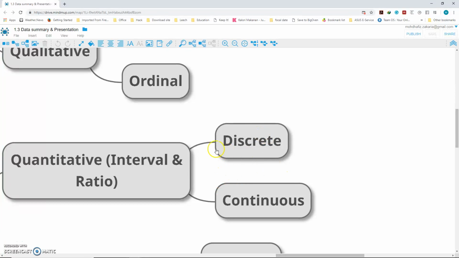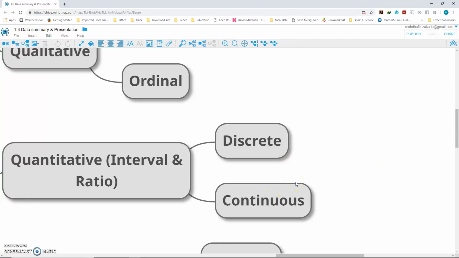There is no other value between them. After 1 is 2, because it is represented by a whole number. As for continuous, there is an infinite number of numbers just between 0 and 1. The same goes for between 1 and 2. You have 1 point something, and a lot of other numbers in decimals before you can reach 2, and so on. Because of that, it is known as continuous.